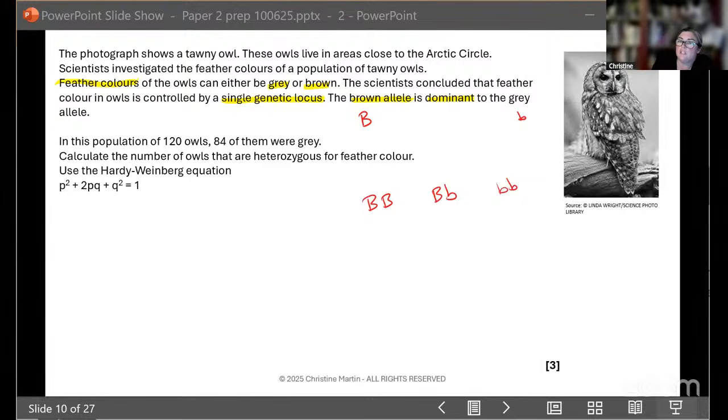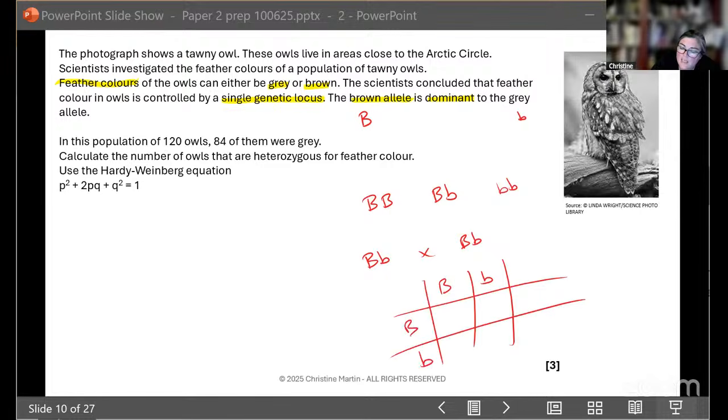So now what I need to do is say to myself, right, well, if I were to take two heterozygous and cross them together, let me just do a Punnett diagram on this one. So here's my Punnett diagram. I'm imagining that I've taken an F2 generation. I therefore got two capital B's, a capital B, lowercase b, capital B, lowercase b, and then two lowercase b's. So what have I actually got? Let's just write this out.